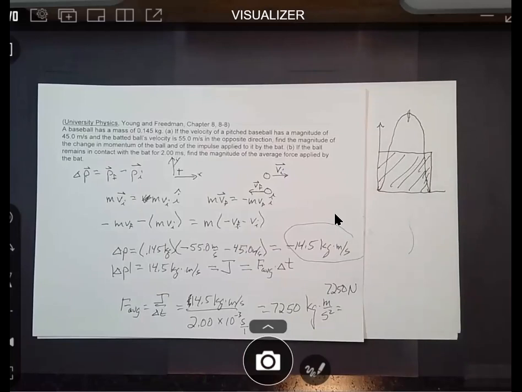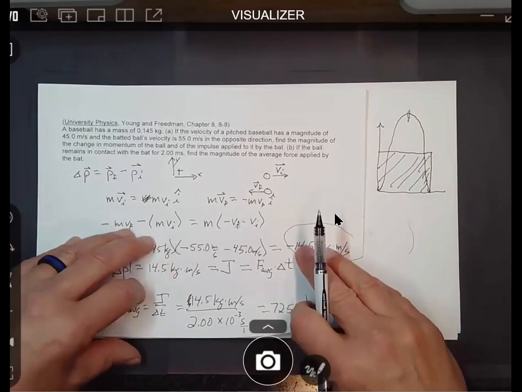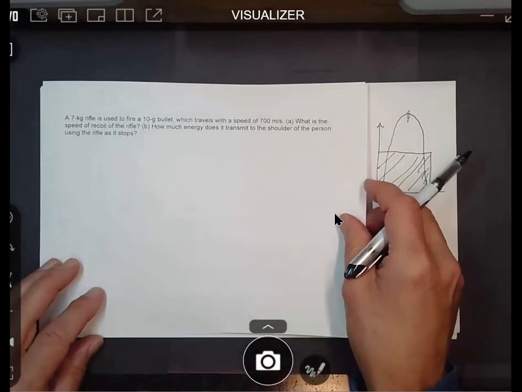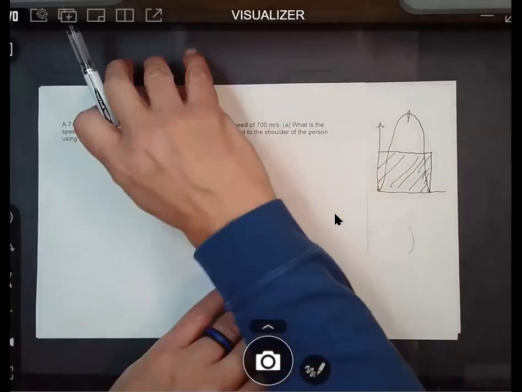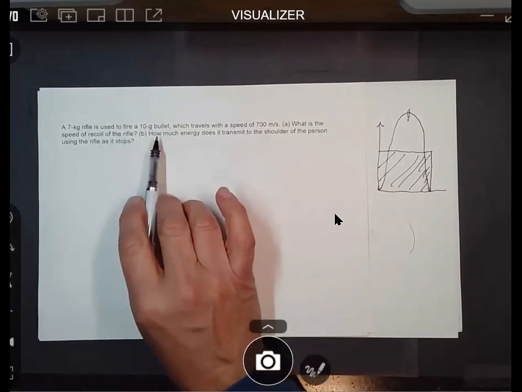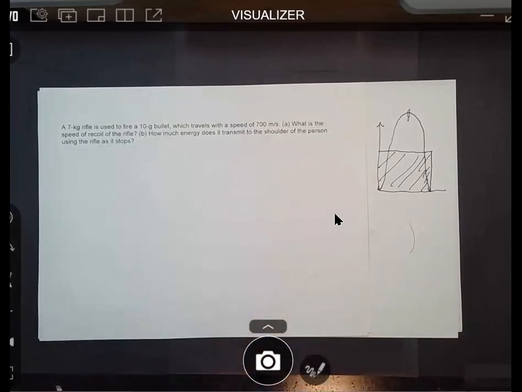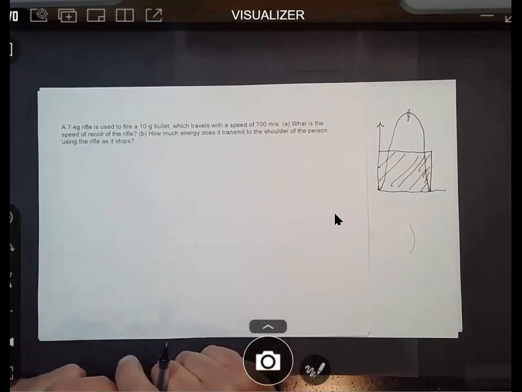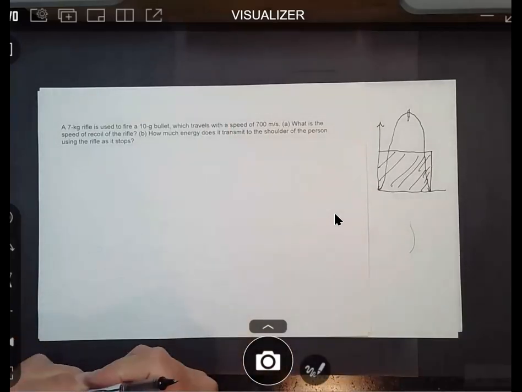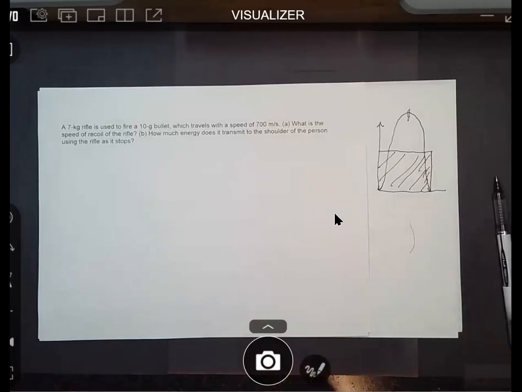Okay, that was quick, introducing the idea of impulse and change in momentum. Never even seen it before. One of the interesting places that we study momentum is when weapons are fired, like a rifle. The rifle exerts a force on the bullet, which pushes it out of the barrel.